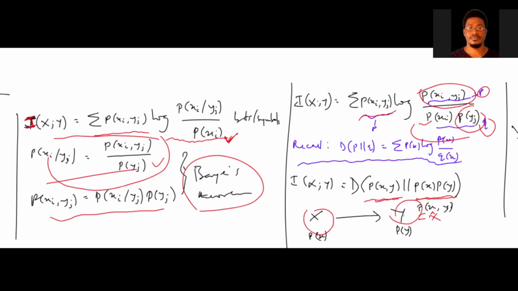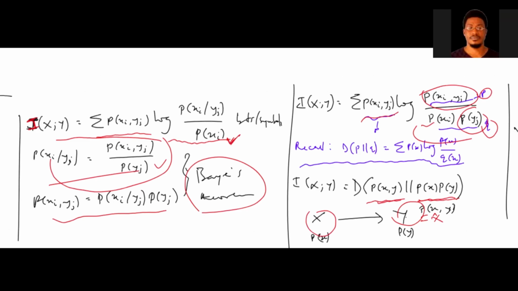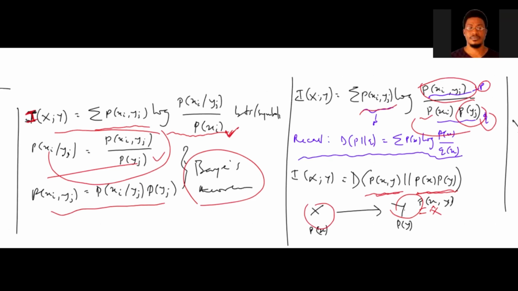So this is more like saying that the mutual information is the distance between the joint distribution. Recall that this is the description of what we have. We are transmitting X and we are receiving Y. So the distribution that describes the relationship between these two is a joint probability distribution.